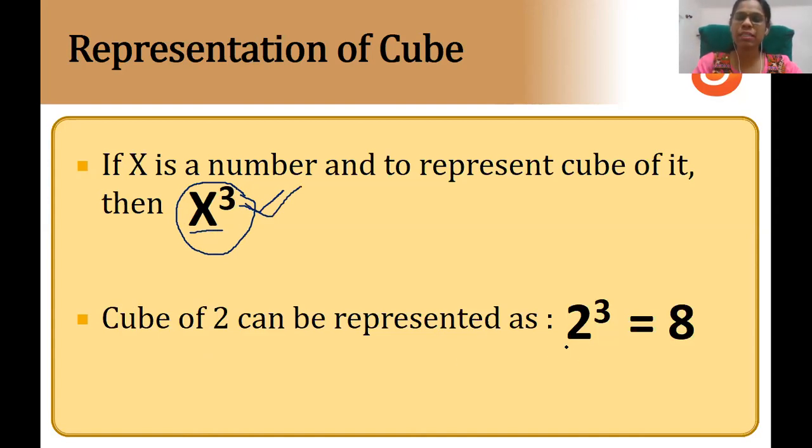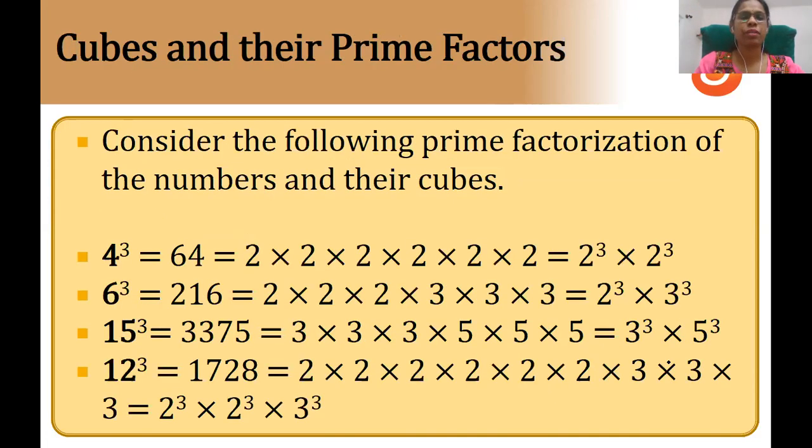2 is the base here. 3 is the exponent. For cube, it's always 3. For square, it's always 2 exactly. So 2 power of 3, or cube of 2, is 8. Now we'll find out how we can find the cube of a number.